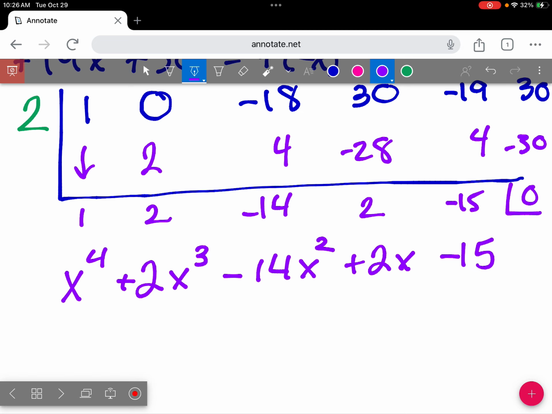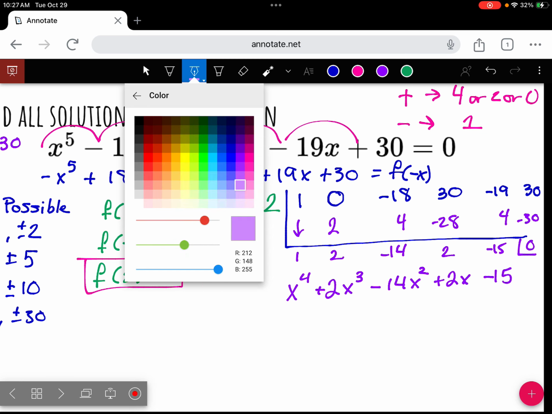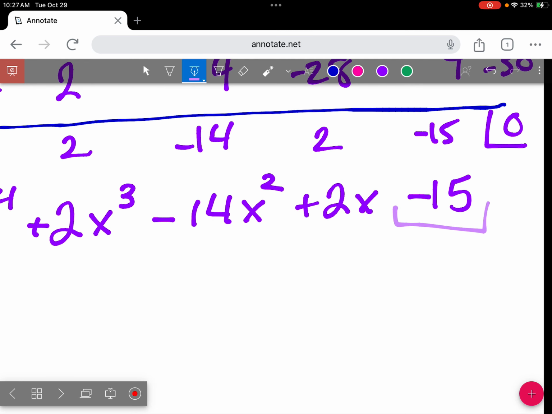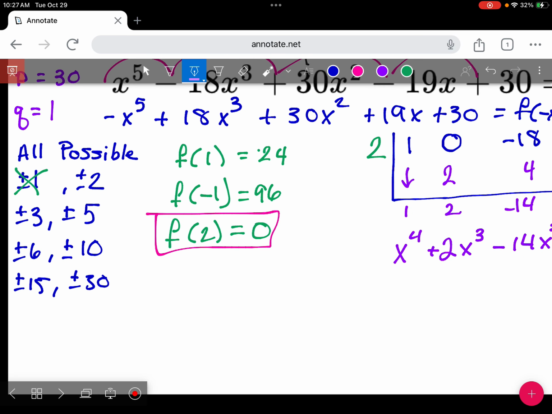Because our roots have to be factors of p, right? Is there anything on our list of all possible factors that is not a factor of 15? 2. All the even numbers. Yeah, so we have a new p-value. Anything that's in my list of all possibles that is not also a factor of 15, not going to happen. 2 is not a factor of 15. 3 is a factor of 15.